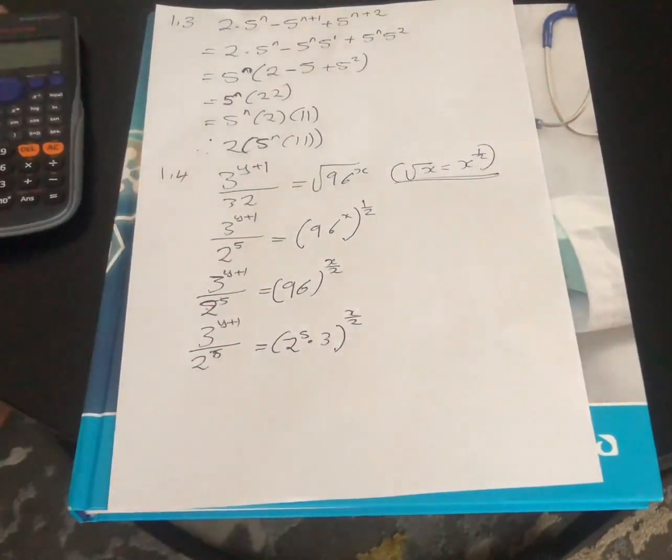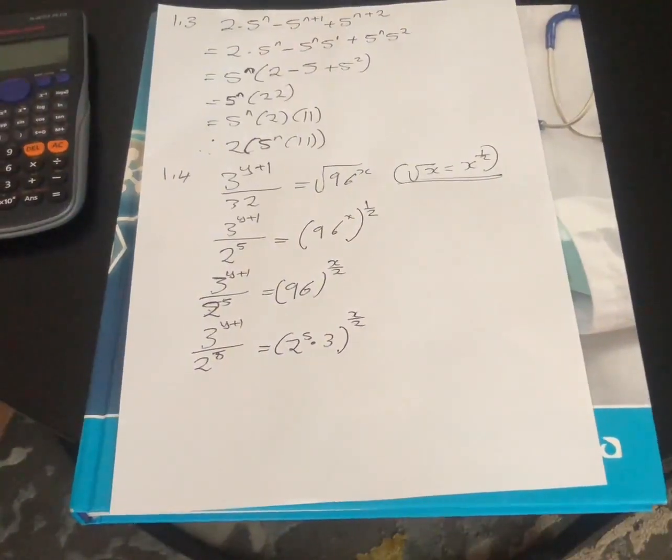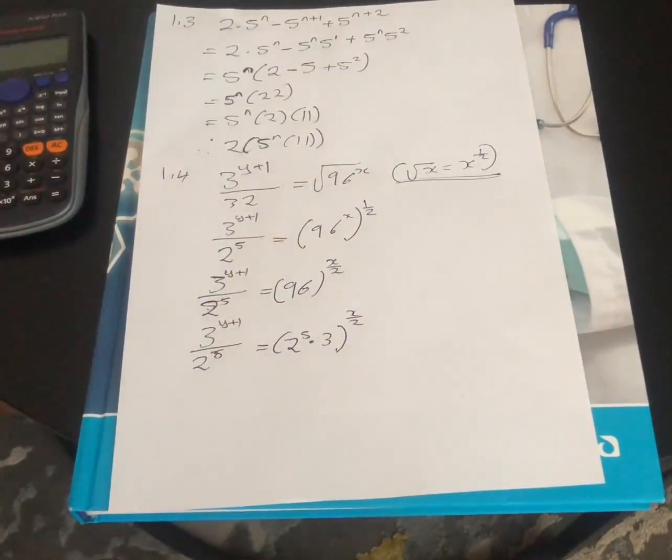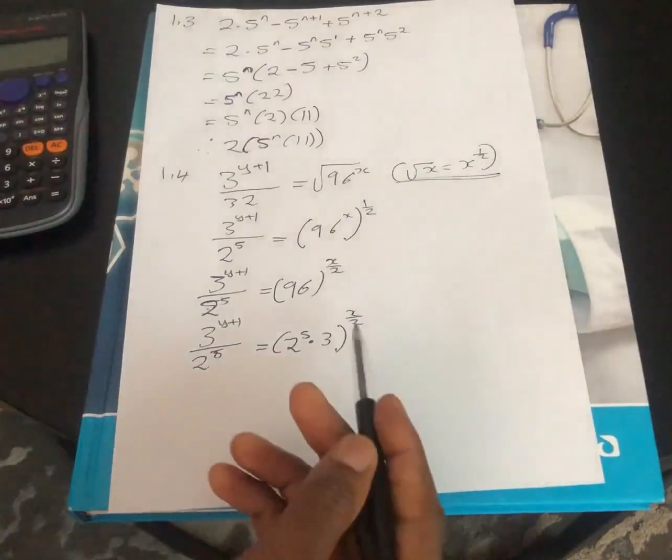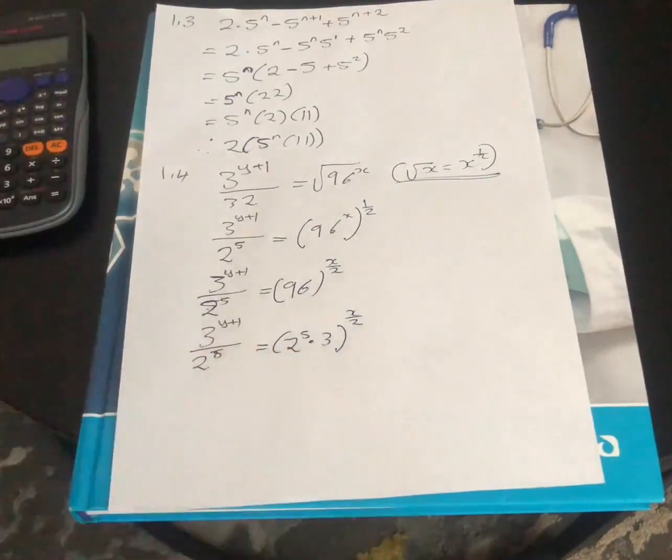Don't forget exponents. When we deal with exponents, we know that an exponent outside the brackets affects everything that is inside the brackets. So it means that this exponent is for everything that is inside the brackets.